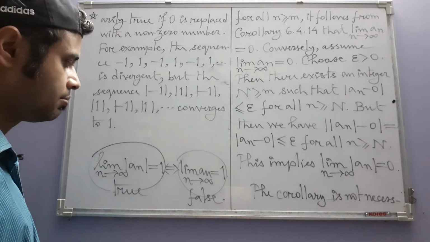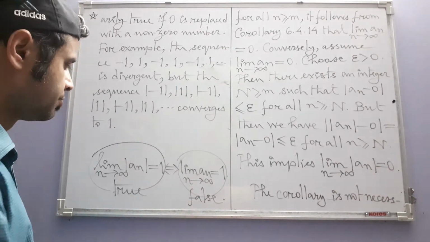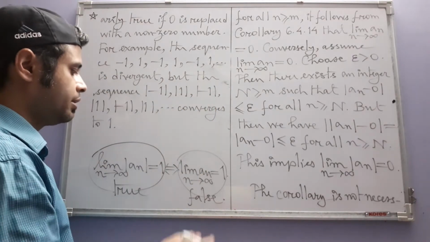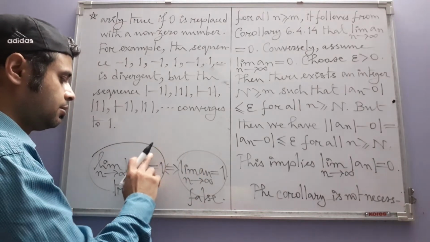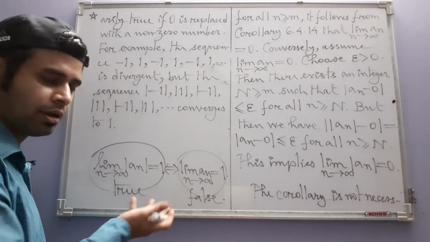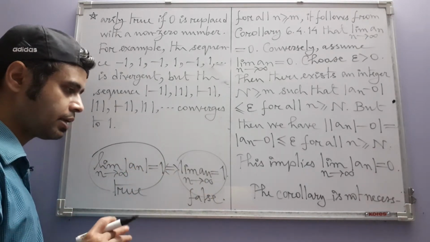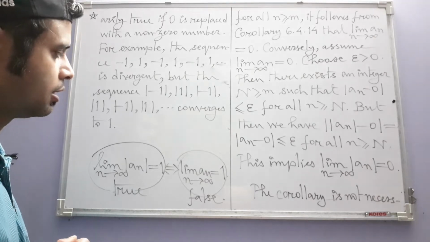However, at the same time, it's not that always this type of thing will happen. For example, instead of taking this sequence, had we taken the constant sequence 1 as a n, then this equivalence is true, because in that case on both sides the limits actually are equal to 1. They exist and both of them are equal to 1.